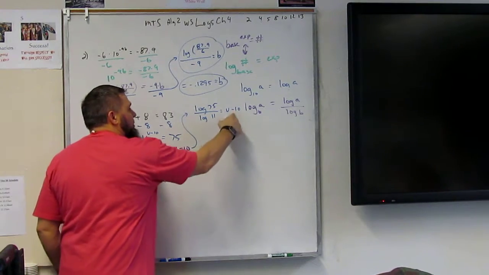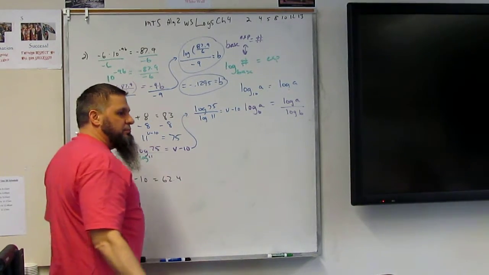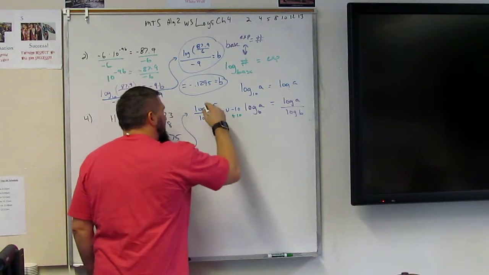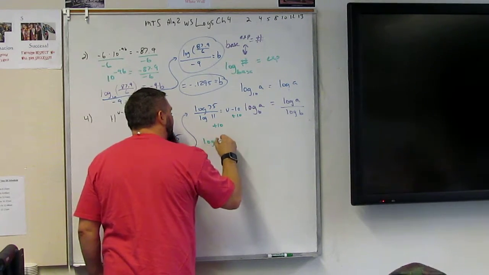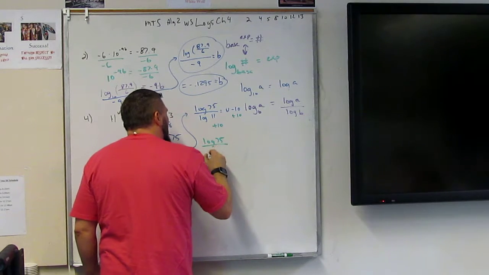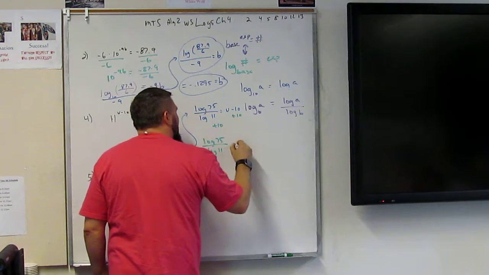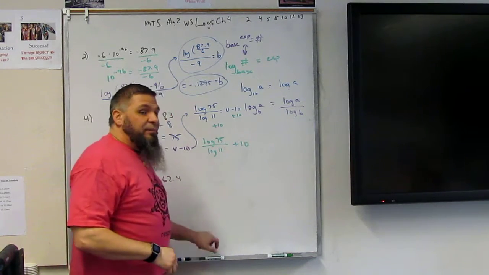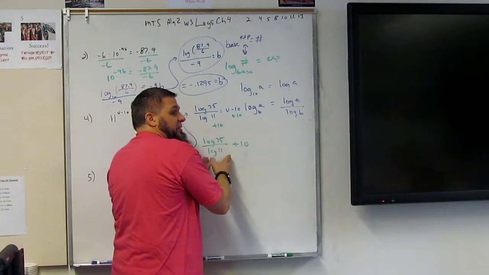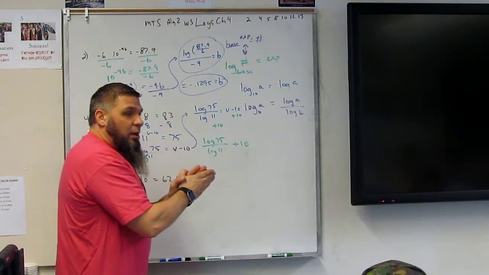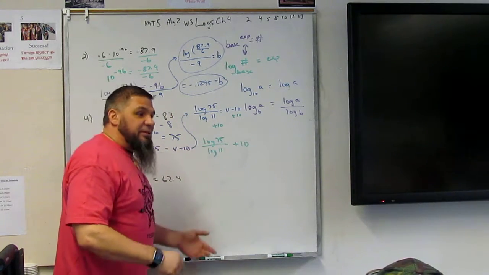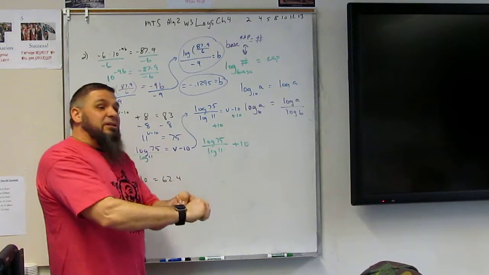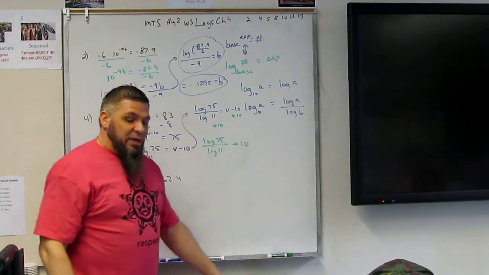Now, what do I have to do to get v alone? Add 10, right? And I add 10 to this. So I have log of 75 divided by log of 11 plus 10. Now the cool part is, in our calculator, we don't have to put parentheses around this, because it does the division first, right? PEMDAS, parentheses, exponent, multiplication, division first, then addition, subtraction.